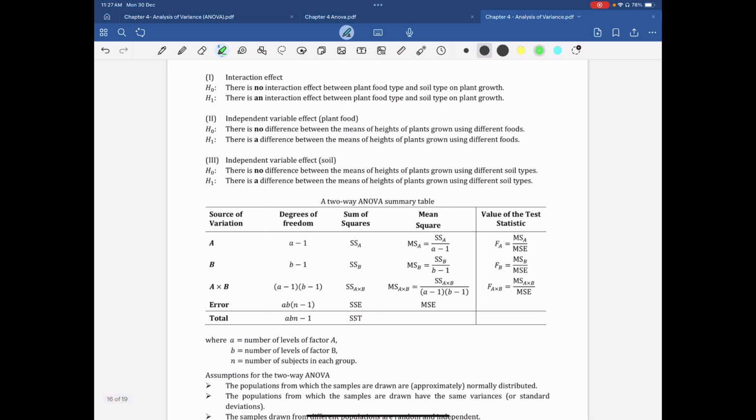We have the interaction effects, the independent variable effect for plant food, which is the first independent variable effect, and the second independent variable effect for soil. For interaction effects, the null hypothesis is that there is no interaction.